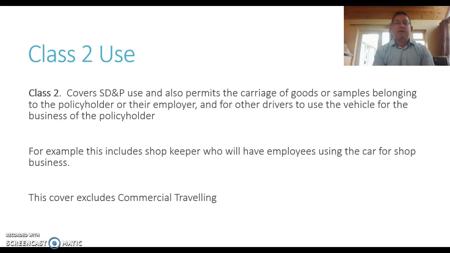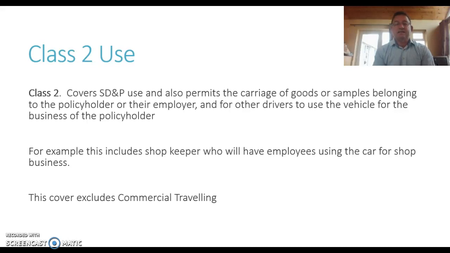Moving on, the next highest class is Class 2 use. Class 2 use covers social, domestic and pleasure, and it also permits the carriage of goods or samples belonging to the policyholder or their employer, and for other drivers to use the vehicle for the business of the policyholder, not for the named driver's business, but the business of the policyholder.